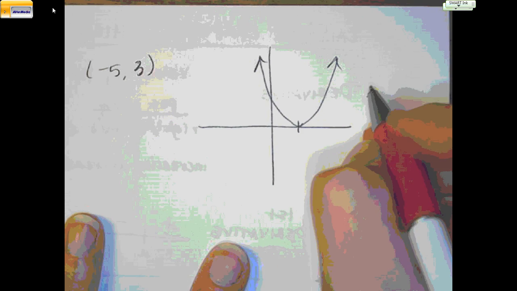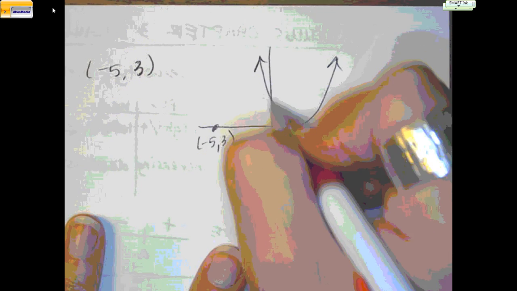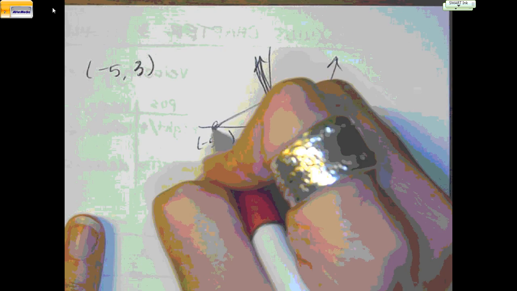So here's what's happening: you've got this graph, and we know that it just got shifted to the right one, so the graph looks like that. And over here somewhere we have negative 5 comma 3. They want to know what point on this arm right here on that graph is going to be closest to that point.